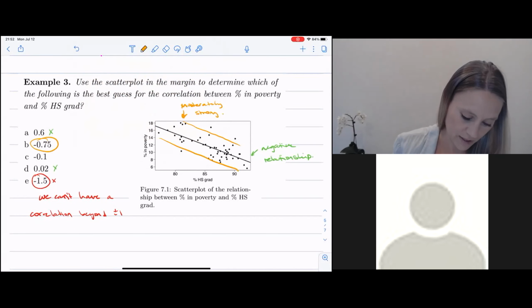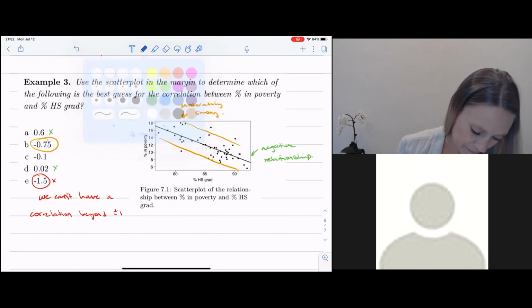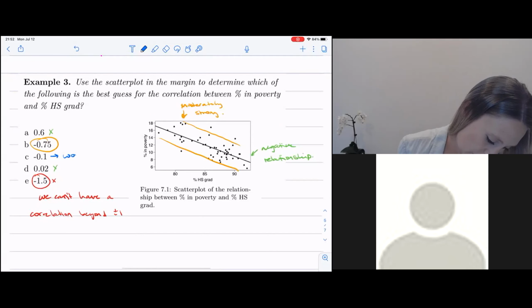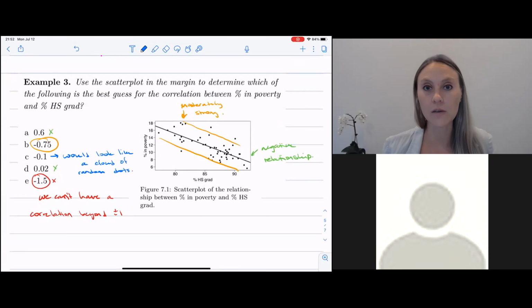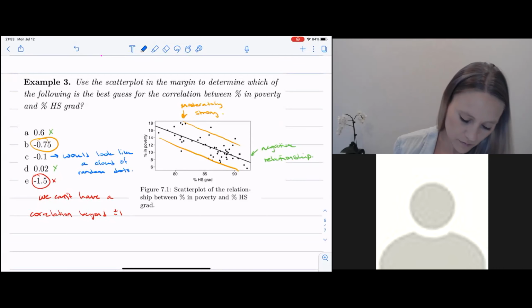This one would look like a cloud of random dots. Just to give you an idea of what negative 0.1 would maybe look like. Okay.